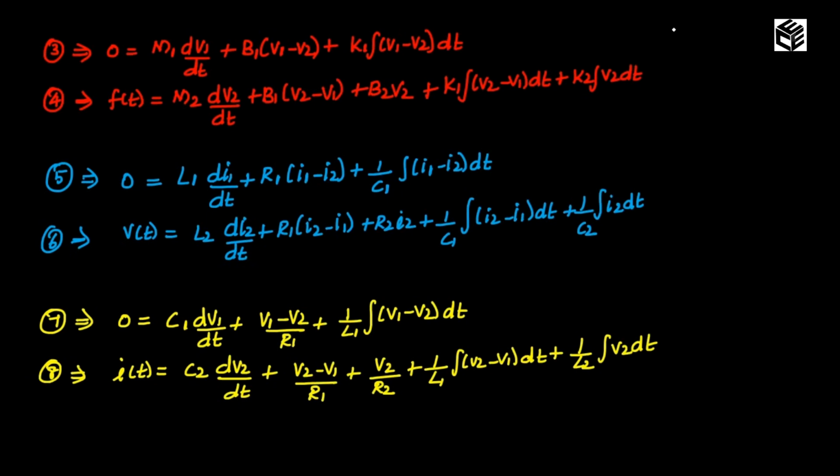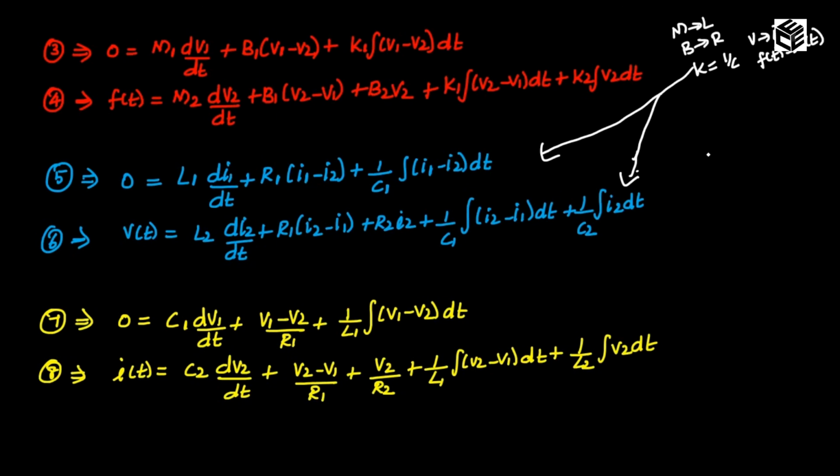if you replace M as L and B as R and K as 1 by C and V as I, and F of t as V of t, if you replace all these and you are getting these two equations, by replacing these parameters in the third and fourth equations, then your value is correct.